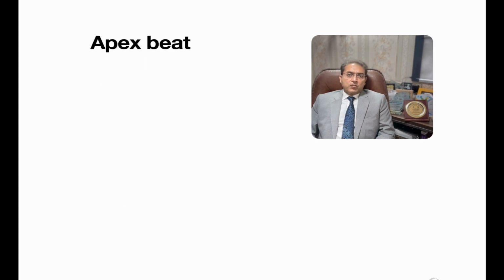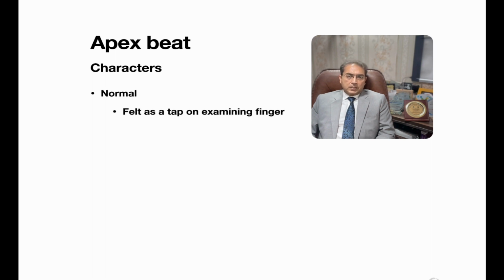Now, what are the different characters of apical impulse? The normal character is that it's present in the left fifth intercostal space and slightly taps your examining palm or finger. And then there is another term which is called tapping apex beat. Now, how is this different from the normal tap we described for the normal first heart sound? This tapping is actually the palpation of a loud first heart sound.